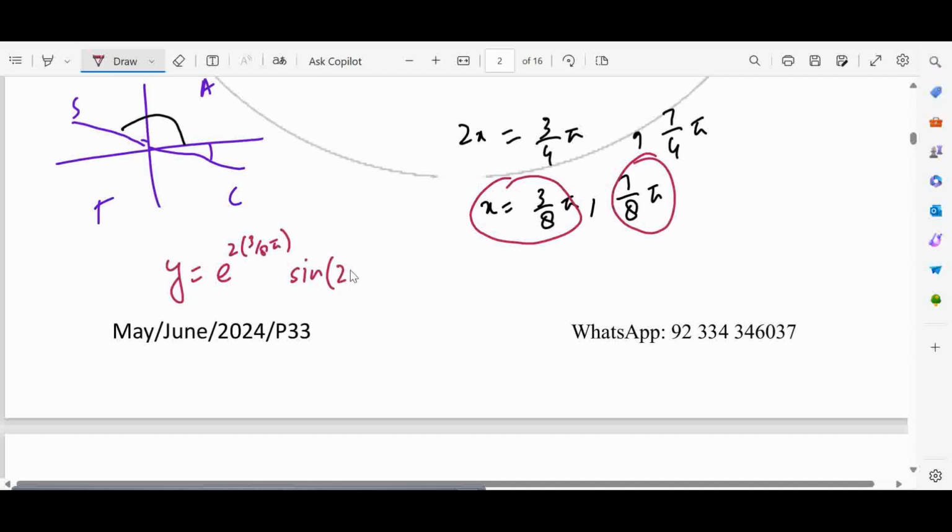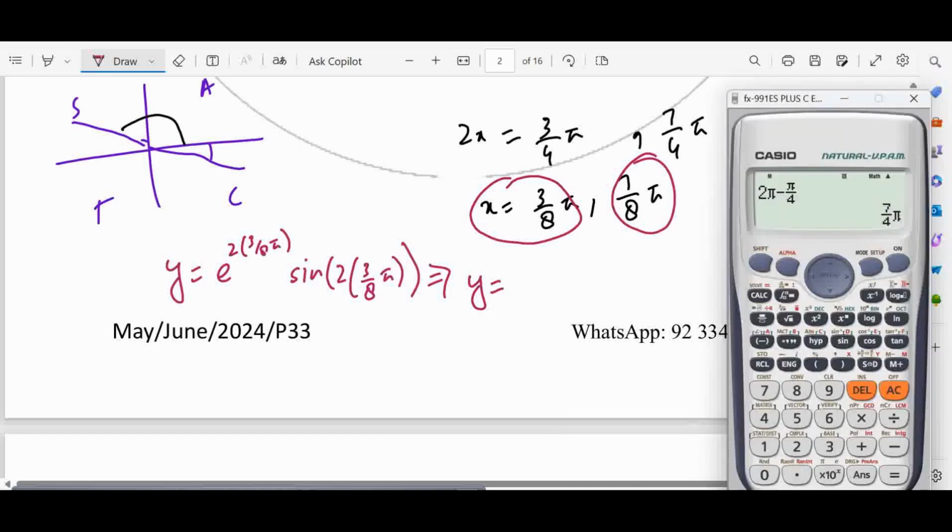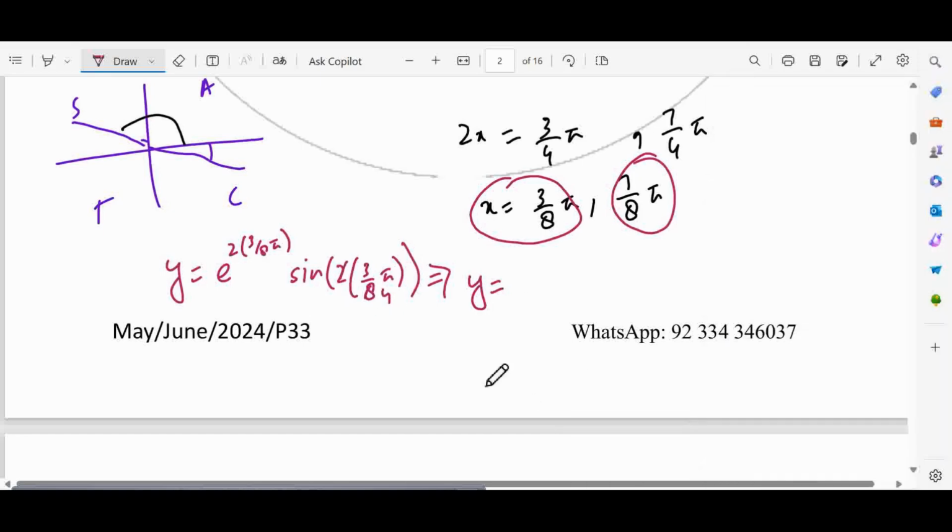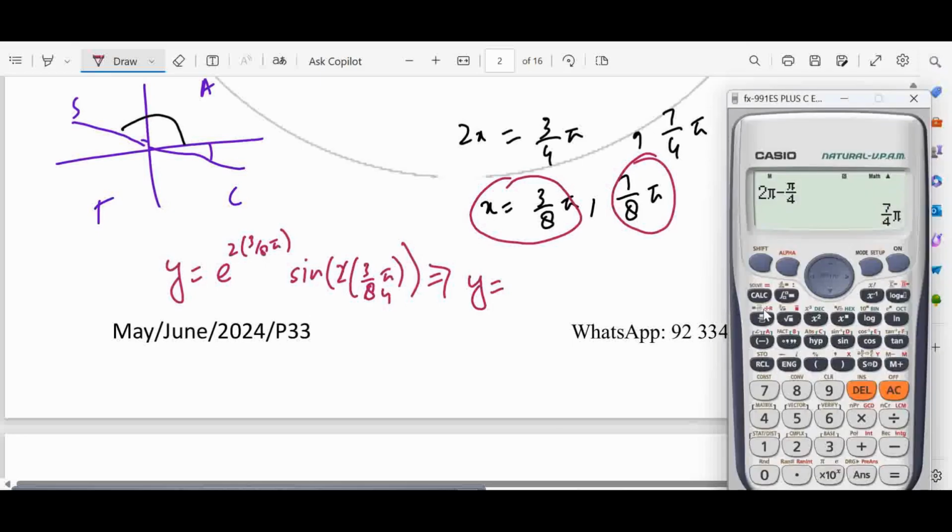So 2x means 2 times 3 by 8 pi. We have to use the exact values. So let's find sine of 3 by 4 pi.